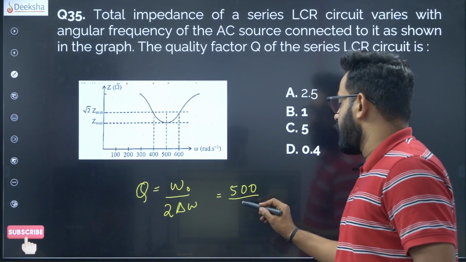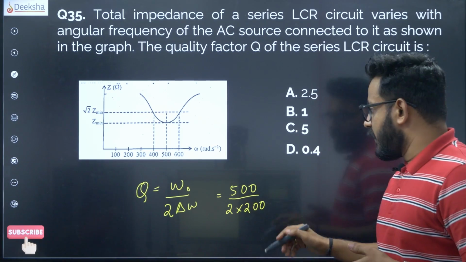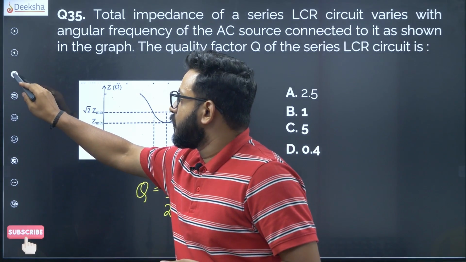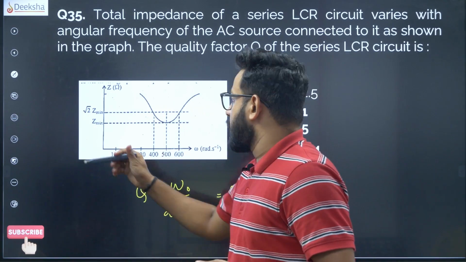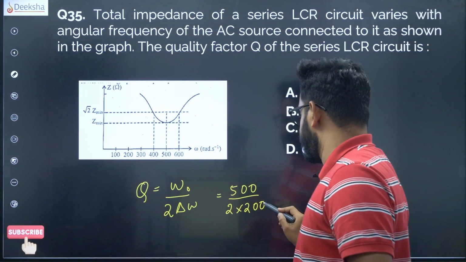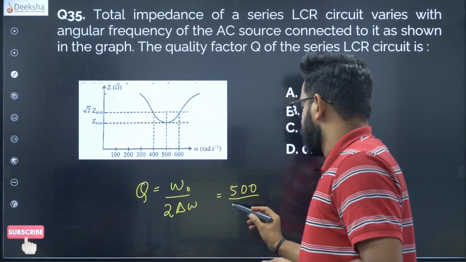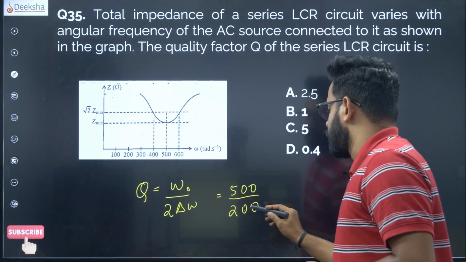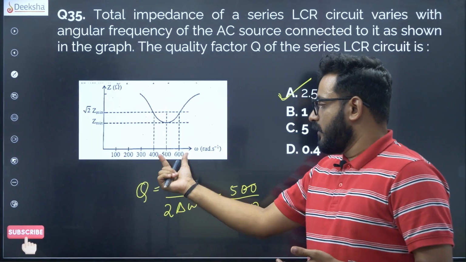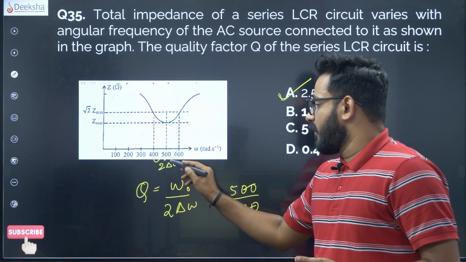So 500 by 2 into 100. Sorry, the total gap is what matters, and the total gap there is 200. So it is 2.5, correct. The correct answer is 2.5. So the total distance is the 2 delta omega.